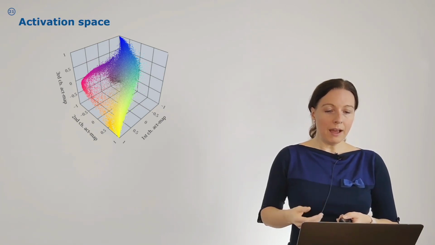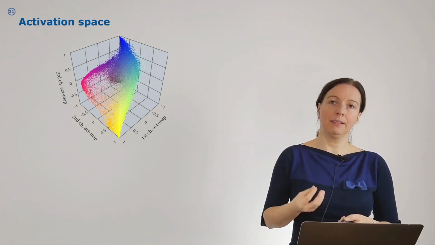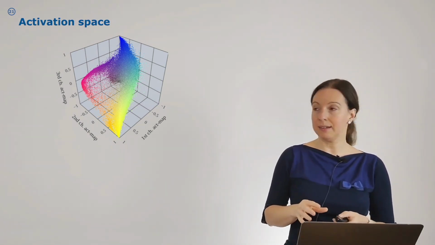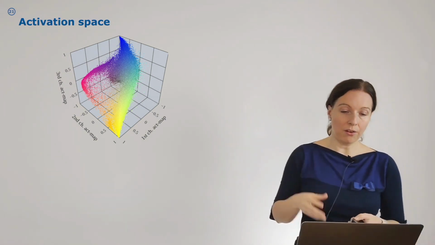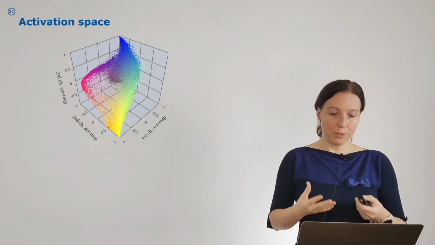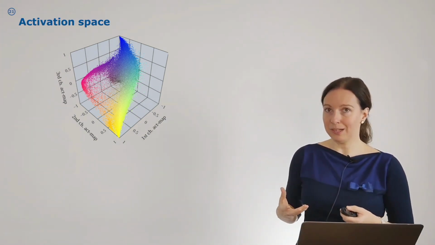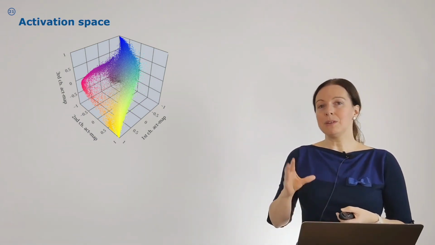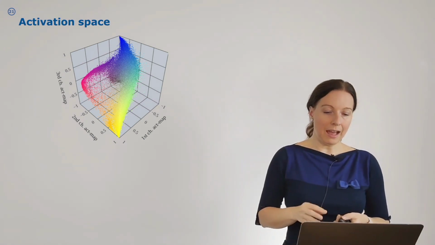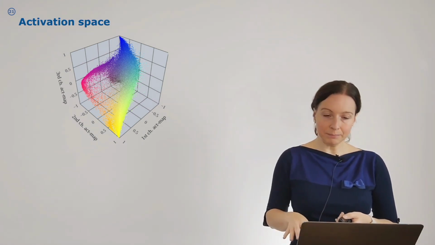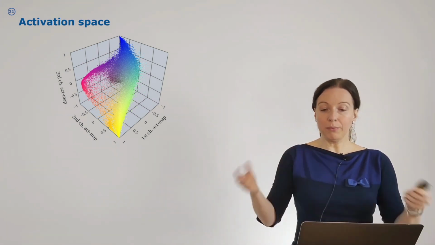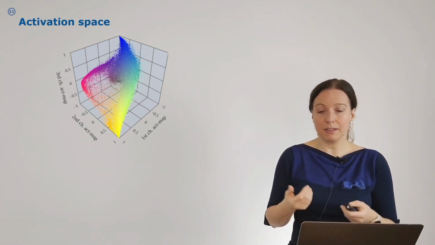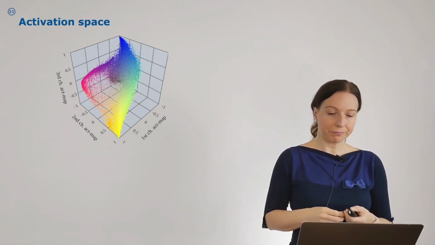And when we now put every pixel in these activation maps into a 3-dimensional space, we get a visualization of the activation space, which is a really nice visualization, I think, because this tells us already how variable the activations are, or if we have, for example, specific clusters, and this might be good for classification.